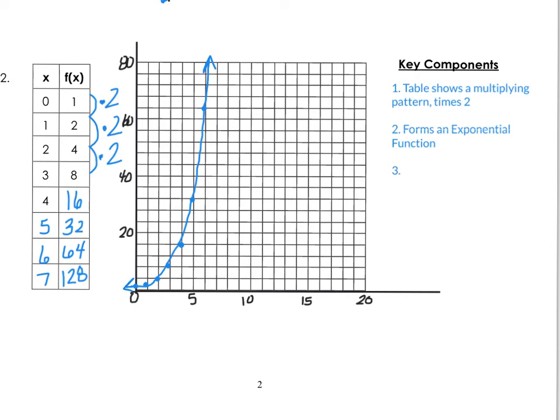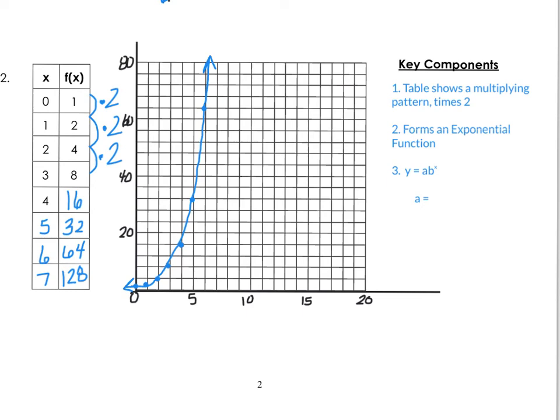So now I could find the equation of the exponential function by looking at my initial value. So remember, the equation of an exponential is y equals ab to the x power. So I can look at my graph here and decide what the a initial value is and what the b, the growth or decay factor, that rate that we're multiplying by, is, and fill them into my exponential function equation. So I just wrote out the function.